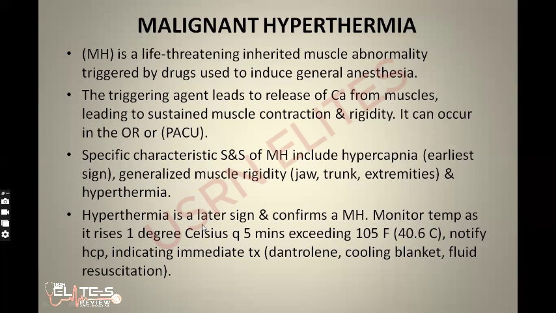So, should you get a question on malignant hyperthermia, let's say case study questions, some of the labs you're supposed to check, lab investigations. Electrolytes are very important because of the high calcium release into the blood.